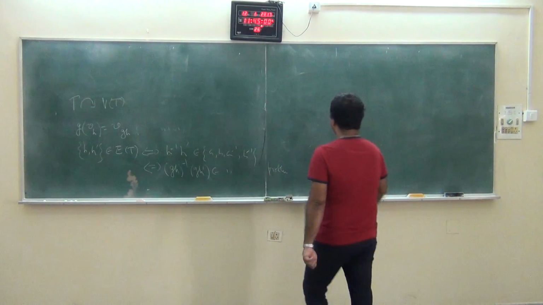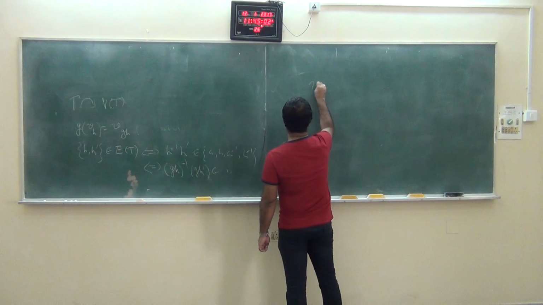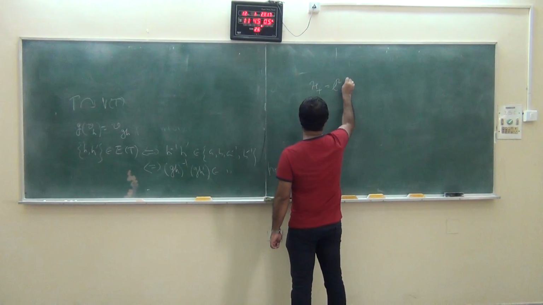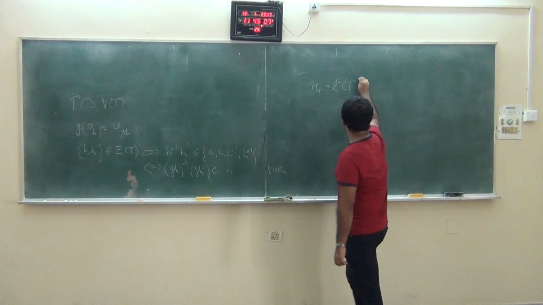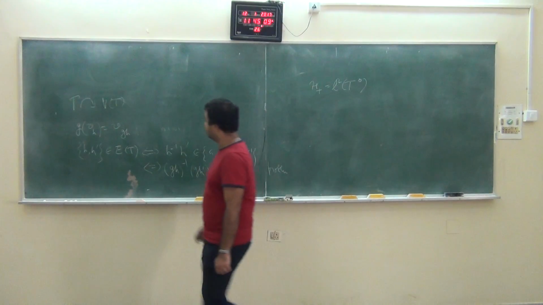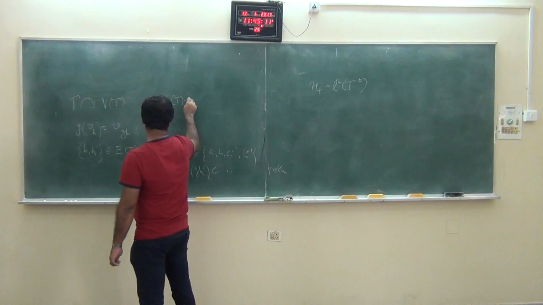So anyway, now you form the Hilbert space H plus equal to L2 of T0. T0 is my vertex set. Instead of the vertex set I will denote it by T0.